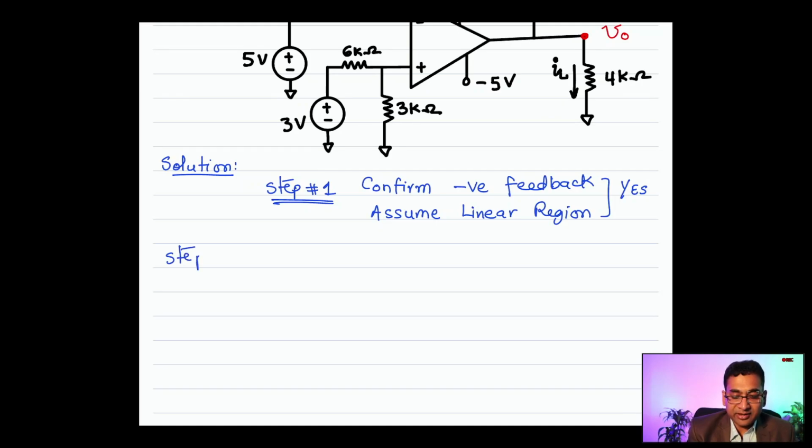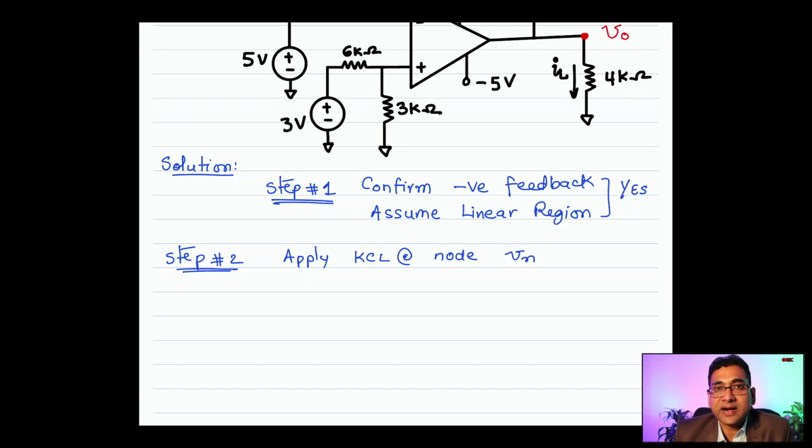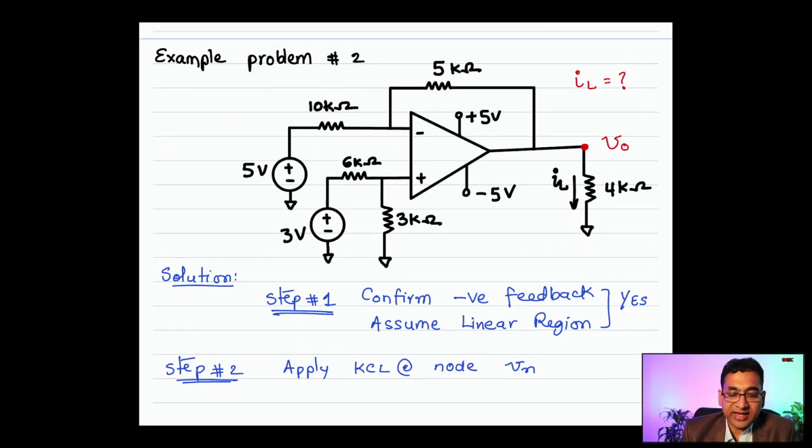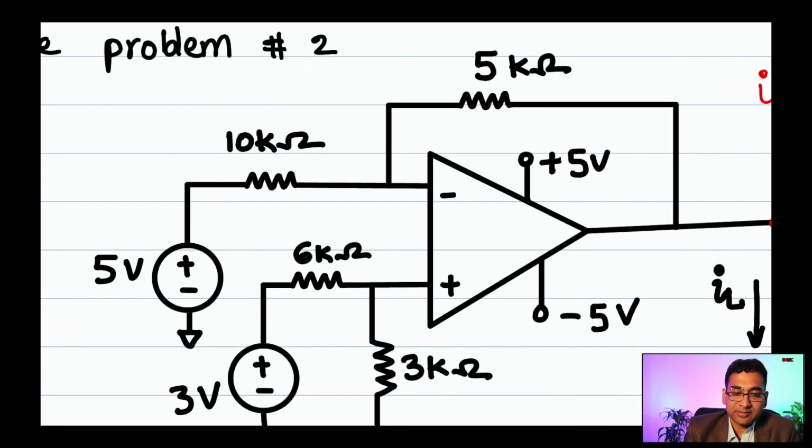What is step number 2? Does anybody remember? Apply KCL at node Vn. So where is Vn? Look at this problem.